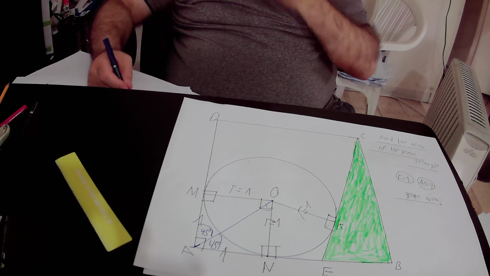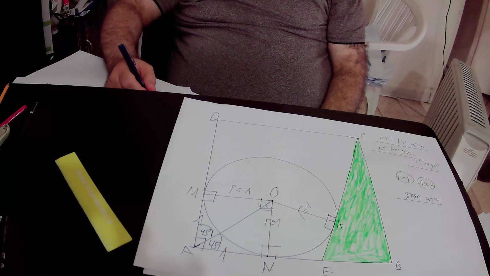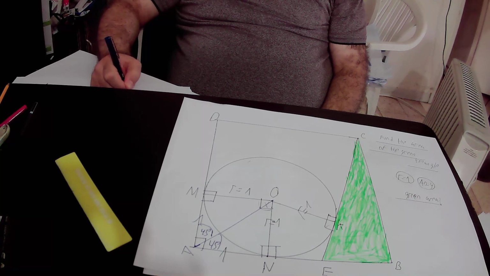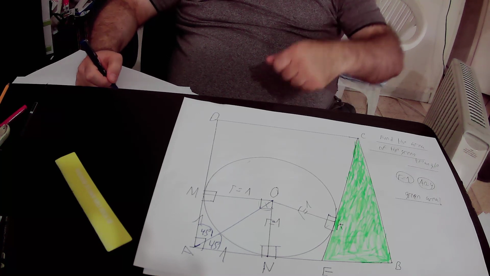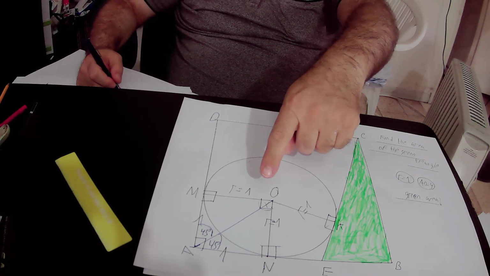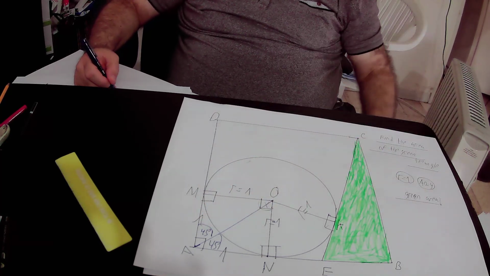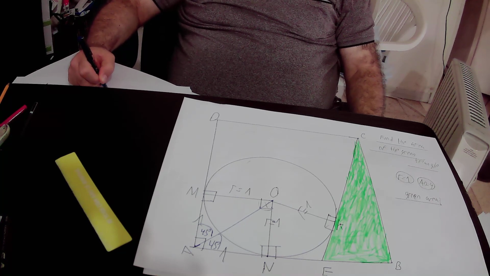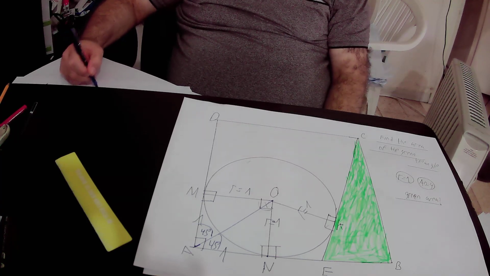So actually angle OAB, if you relate to square MOAN, then according to rule number 6, angle OAB will be equal to 45 degrees according to rule number 6.